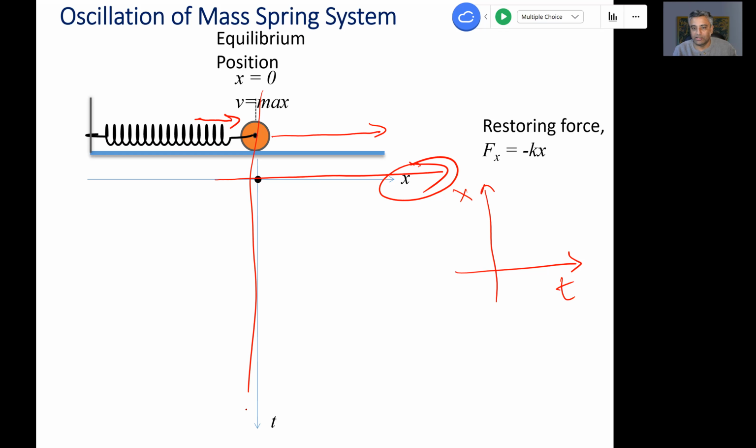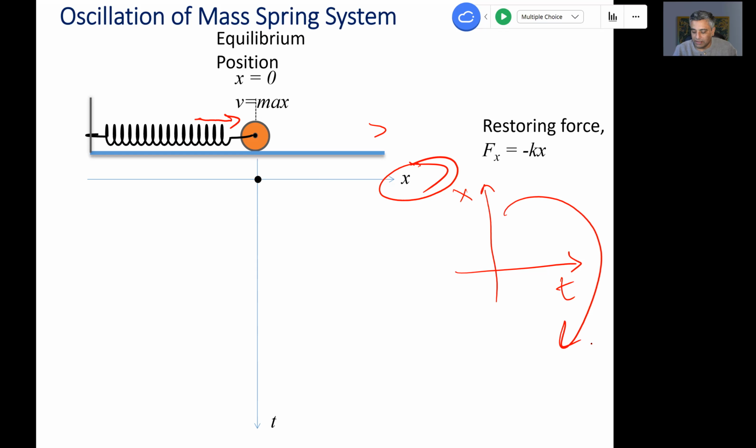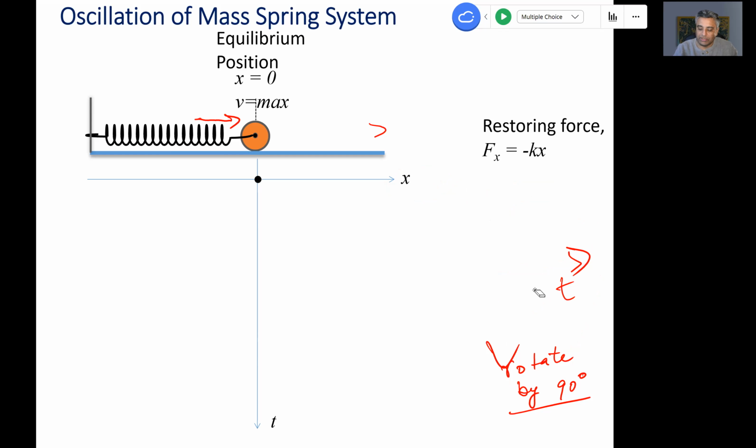That's all. It's like rotating the usual graph by 90 degrees. So x goes here and t goes down there. So now let's keep track of the position.